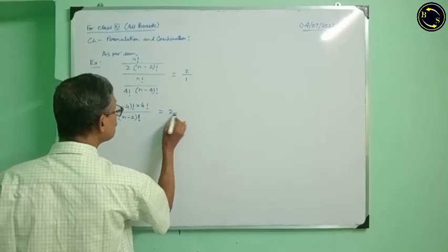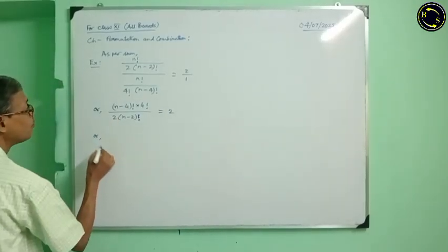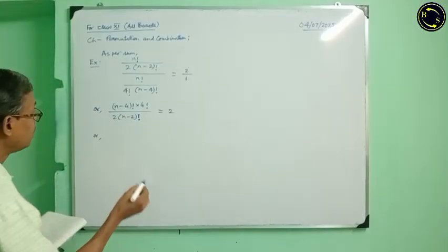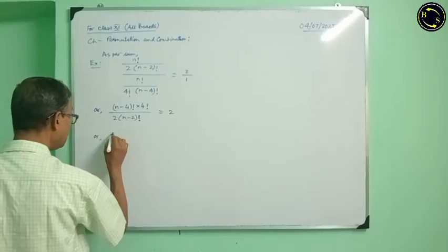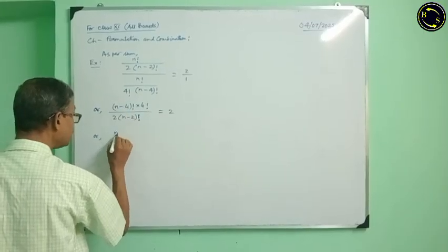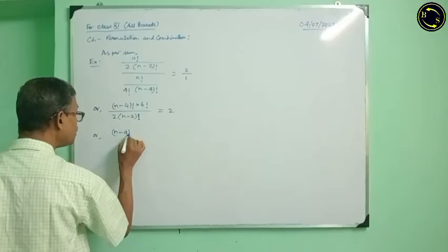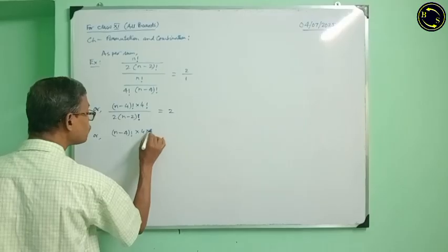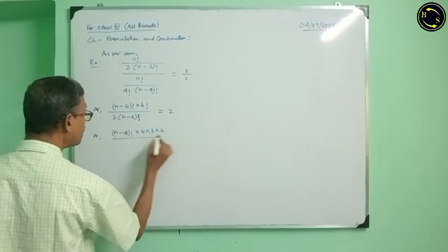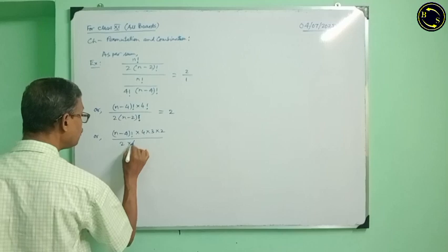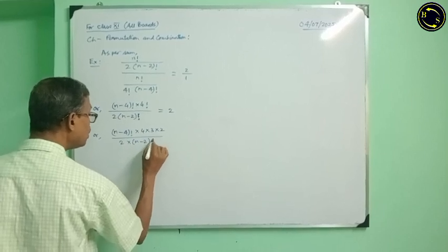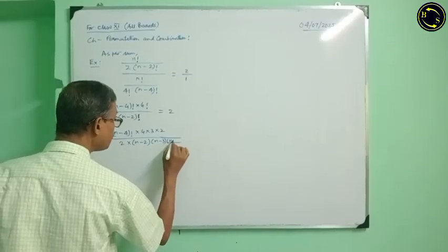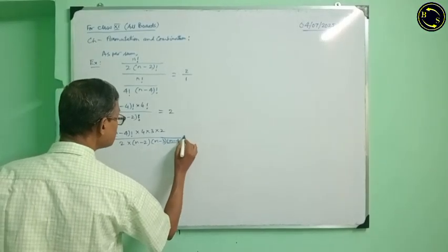Is equal to 2, or since n minus 2 is greater than n minus 4, that is why I keep this intact. n minus 4 factorial into 4 factorial means 4 into 3 into 2 by 2 into n minus 2, n minus 3 into factorial n minus 4 is equal to 2.